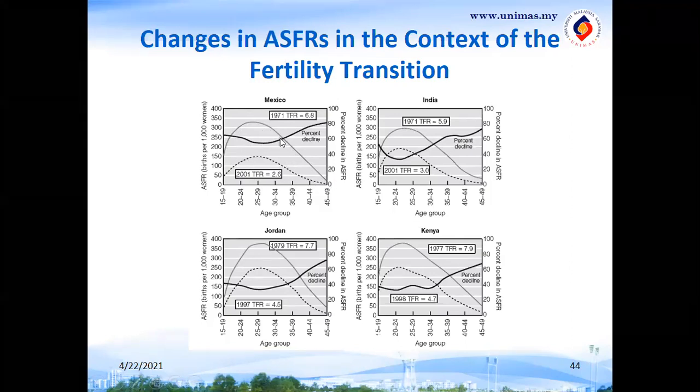But the overall impact is still, in terms of percent decline, this is the decline. So it has an effect on the population, a declining percent of the population as a result of the decline in total fertility rate. It is the same in India, in terms of percent of decline.